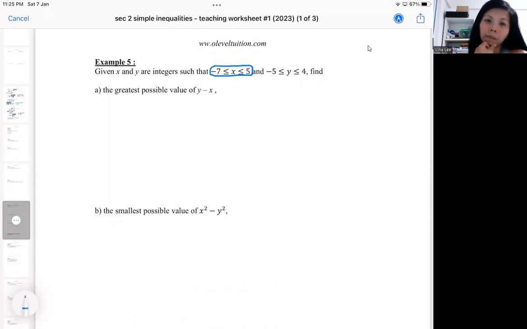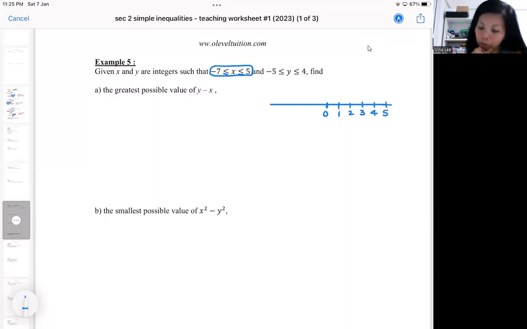So if you look at the number line for x, it is between -7 to 5. So that means if you are going to draw on the number line, it actually looks like this. So it will be 0, 1, 2, 3, 4, 5.